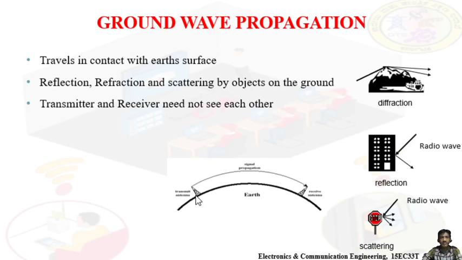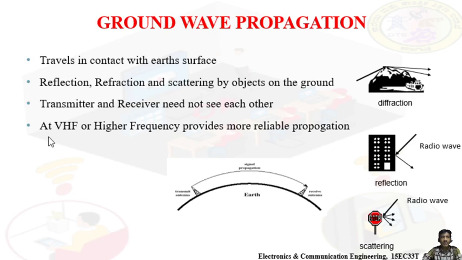It means the transmitting antenna and the receiving antenna need not be in line of sight, yet the wave can still propagate from transmitting to receiving. At VHF or HF frequency, it provides more reliable propagation.